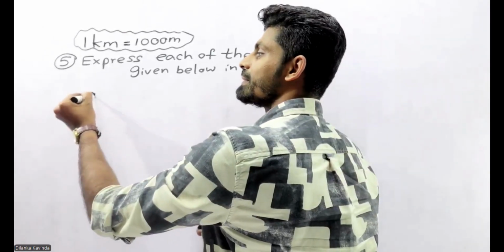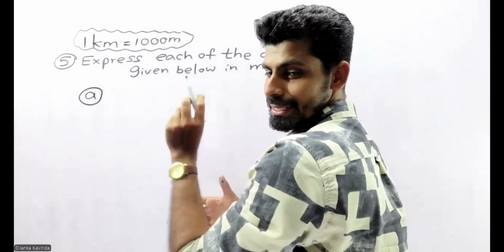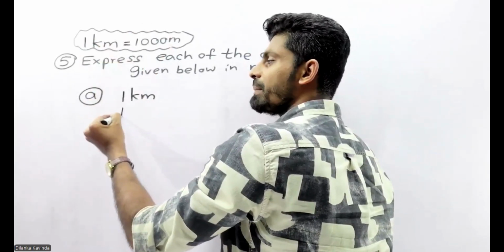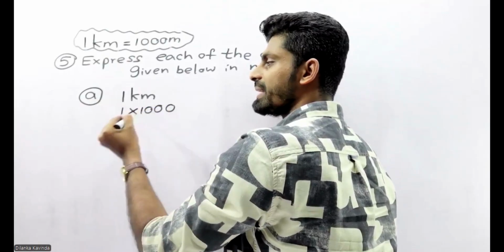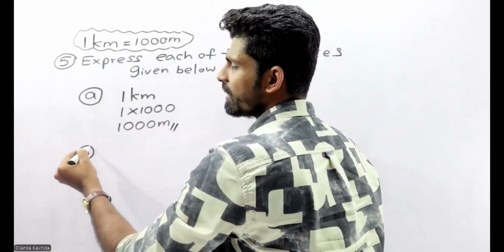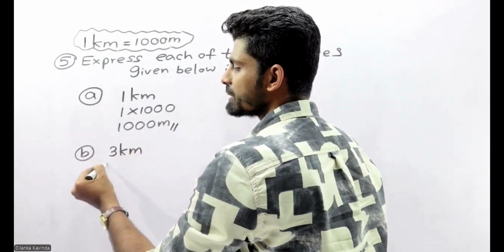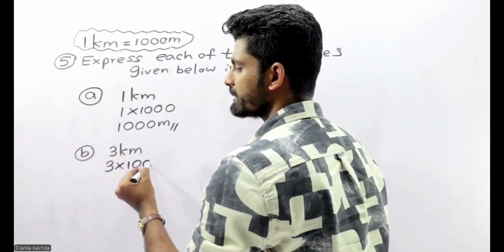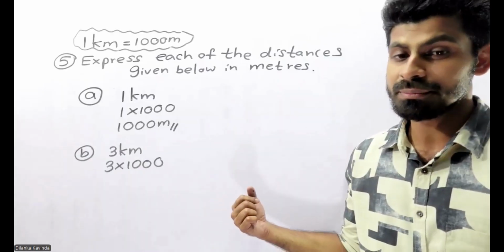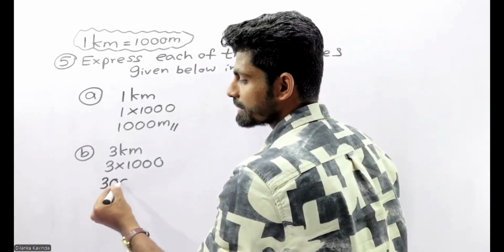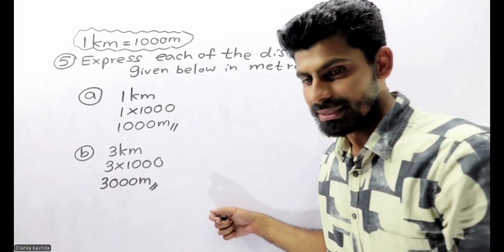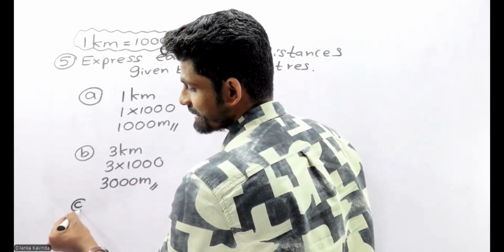So how to convert kilometers to meters? 1 kilometer means how many meters? 1 multiplied by 1,000 is 1,000 meters. 3 kilometers means 3 multiplied by 1,000, which is 3,000 meters.